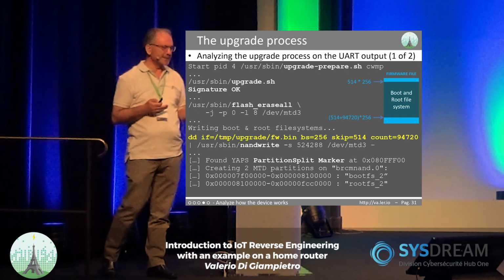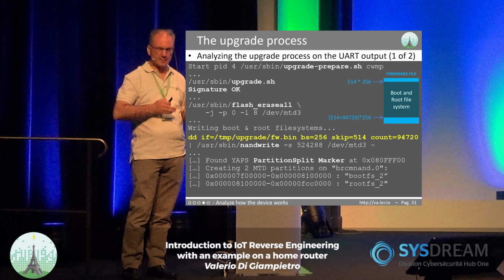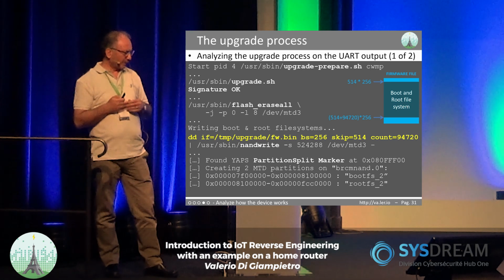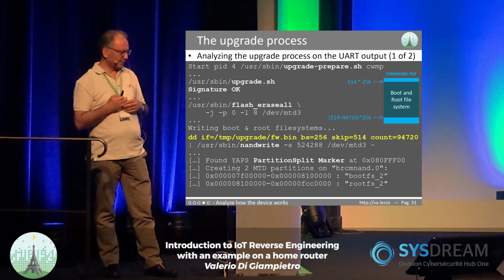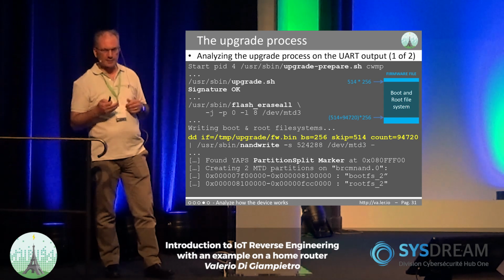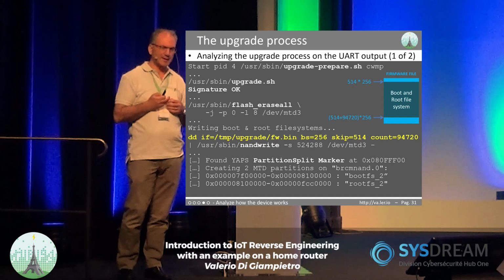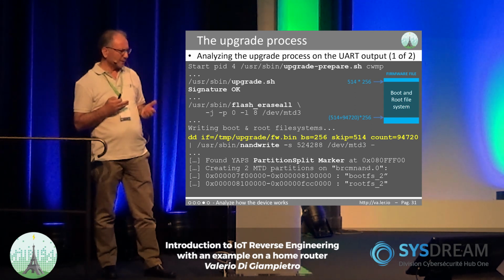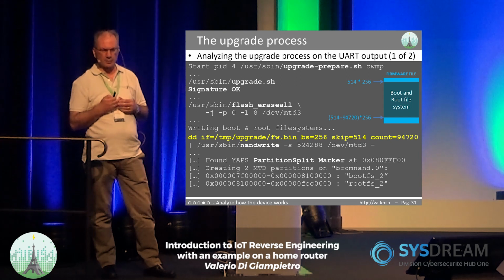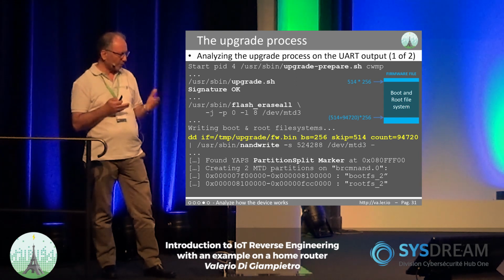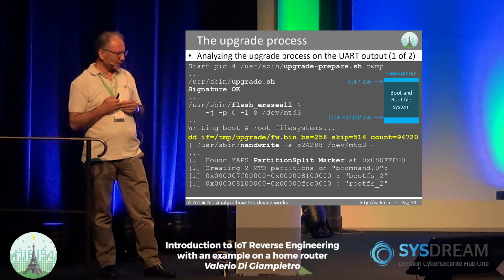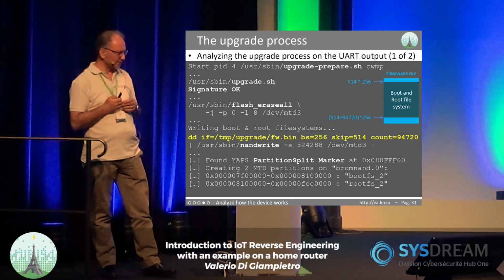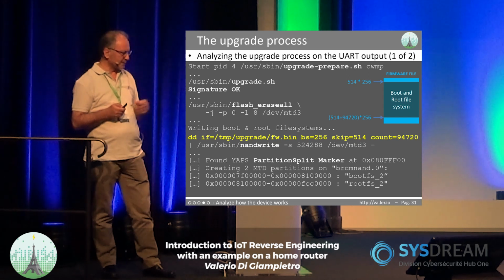It prints signature OK, so this means that the firmware file is signed. Then a flash_erase_all command is executed to erase the third partition. This is the partition dedicated to the firmware upgrade. And then the dd command is used to extract the root and boot file system from the firmware file, and the nandwrite command is used to write this boot and root file system to the NAND flash device.